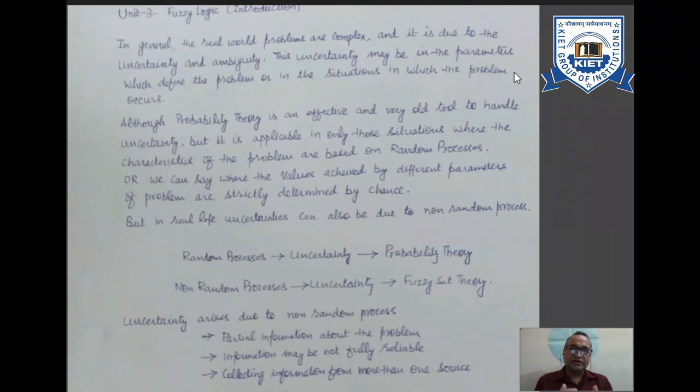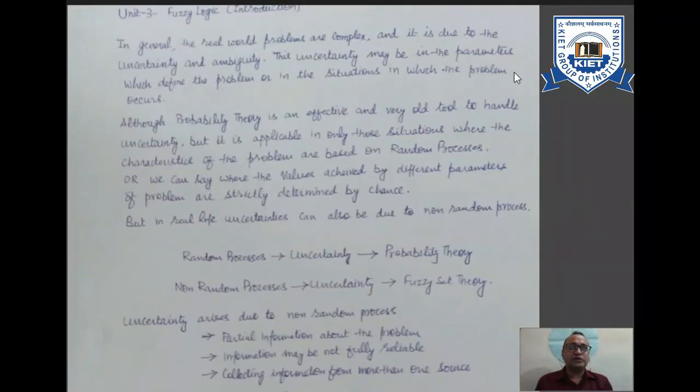But when the uncertainty occurs due to imprecision, due to not having complete knowledge about the situation, due to vagueness, then that type of uncertainty is dealt with the help of fuzzy theory. I'm just giving you an example.